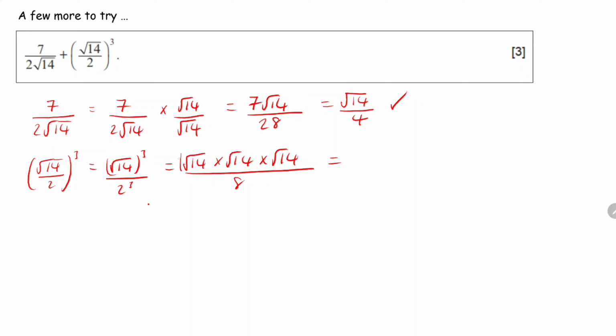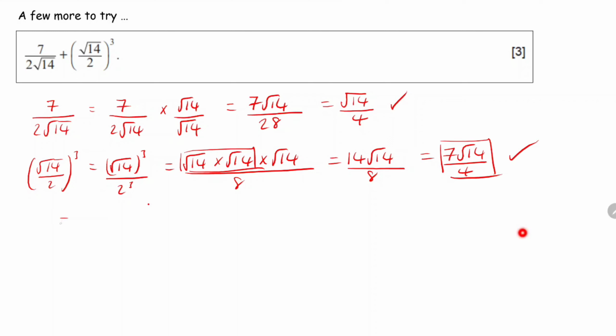The top pairs of root 14 will give you 14. The top goes to 14 root 14. And the bottom will be 8. Now we can simplify this fraction by halving top and bottom, which gives you 7 root 14 over 4. So this is our second term simplified.